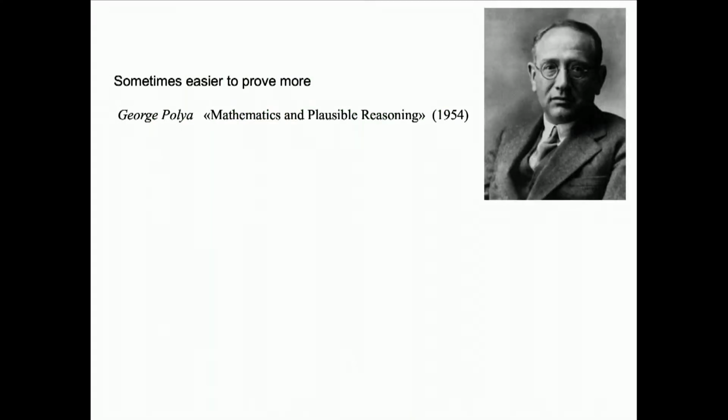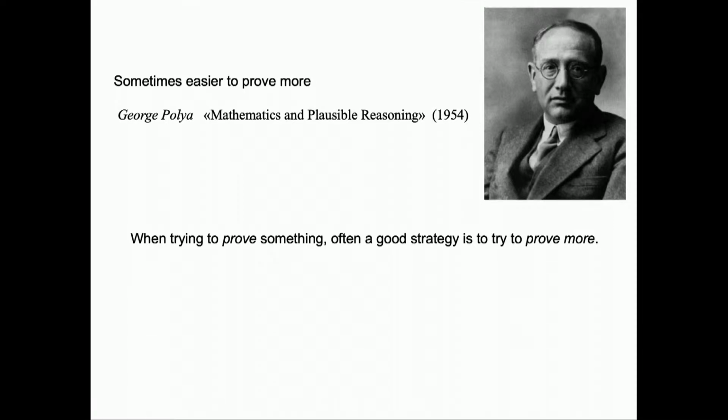This is George Polya. In his book Mathematics and Plausible Reasoning, he said that sometimes it is easier to prove more, which means that sometimes it is helpful to set a more ambitious goal. A more ambitious goal is sometimes easier to solve. When trying to prove something, often a good strategy is to try to prove more.